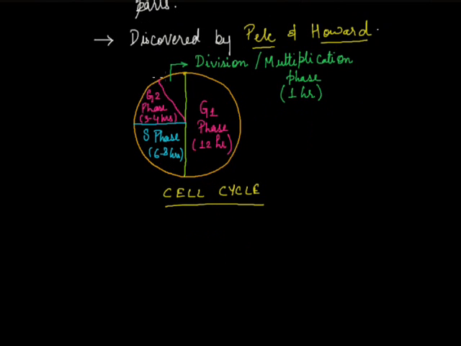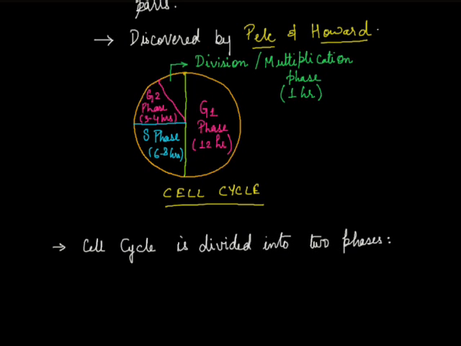So we should write, the cell cycle is divided into two main phases. The first one is the long non-dividing phase or the interphase.